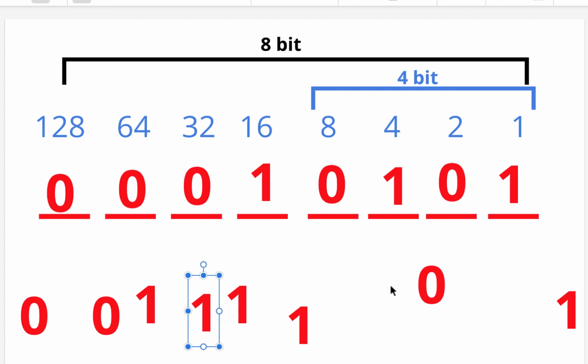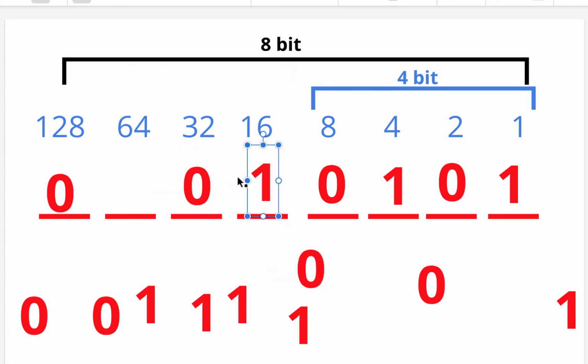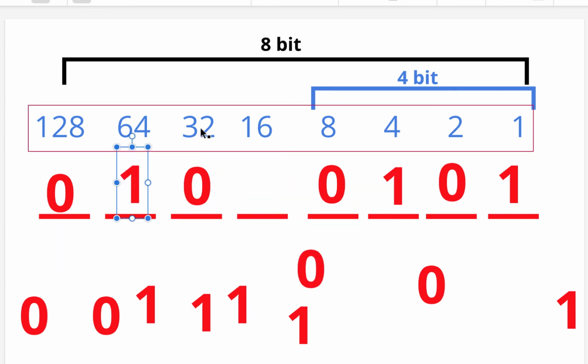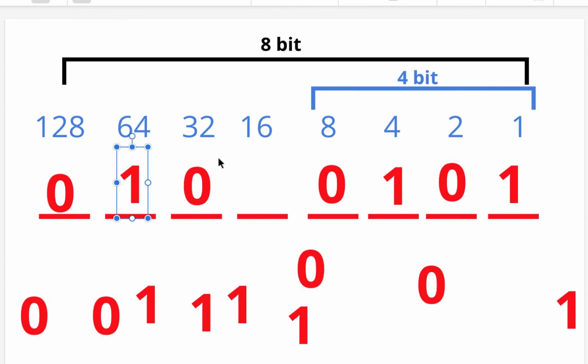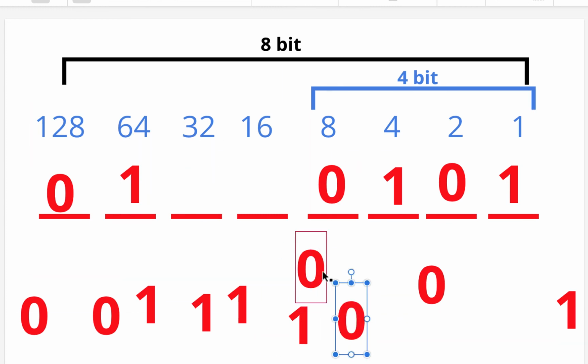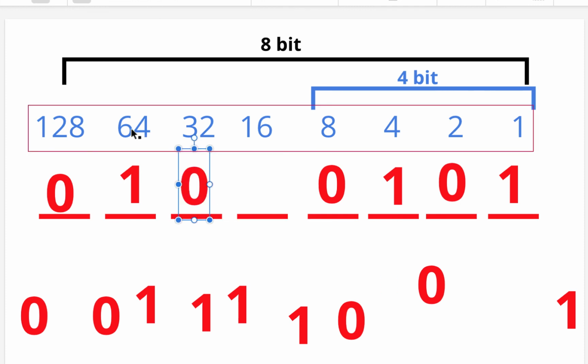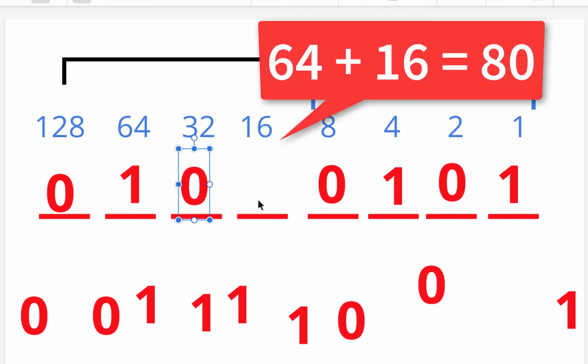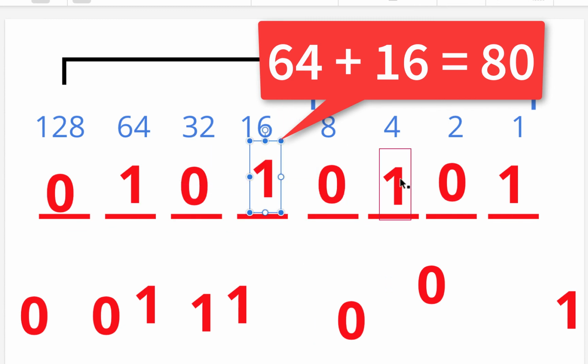So if my mom is 83, we'll do one more. My mom is 83. Is she 128? No, but she's 64. What if you add 64 and 32? That would be 96. She's not 96, so I'd have to put a 0 there. So how about 64 and 16? That's 80. So yeah, she's 80, and then 3.